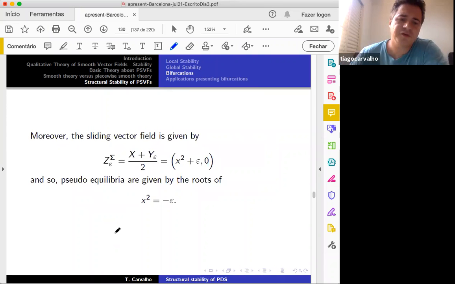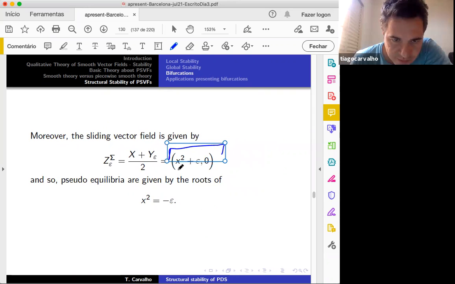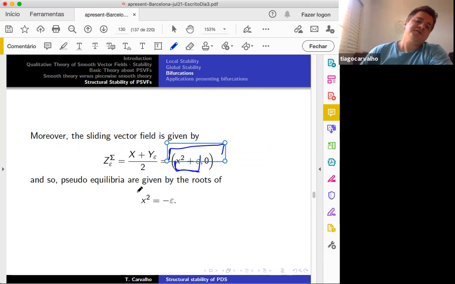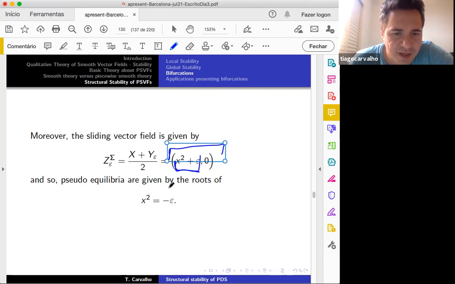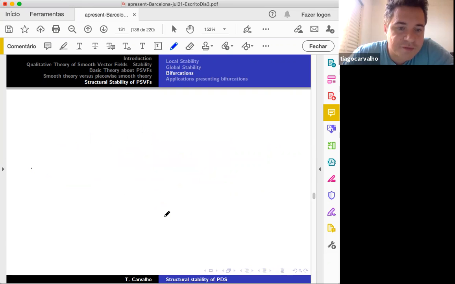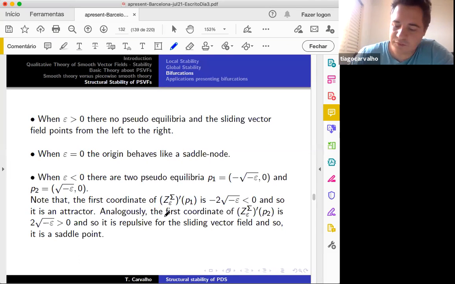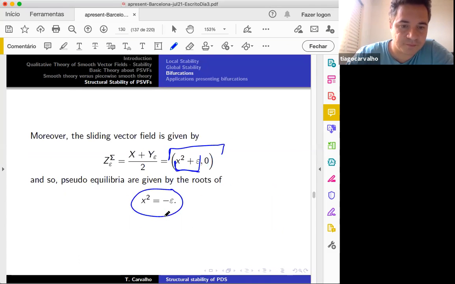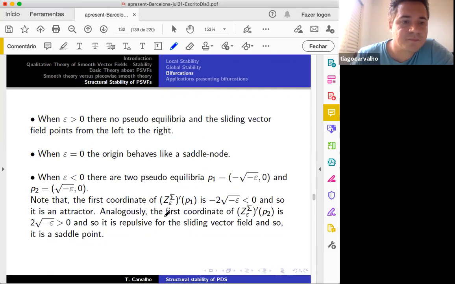The sliding vector field is this in this case. So there is a plus epsilon here in the first coordinate. And so the pseudo-equilibria are given by the roots of this equation. And of course, it has no solution for epsilon positive, okay?